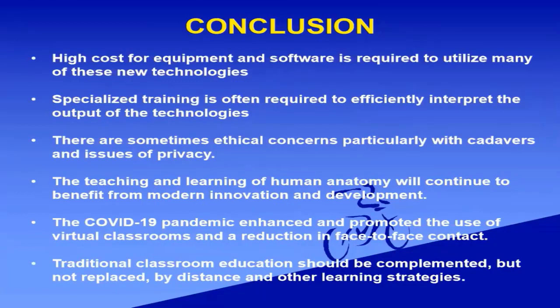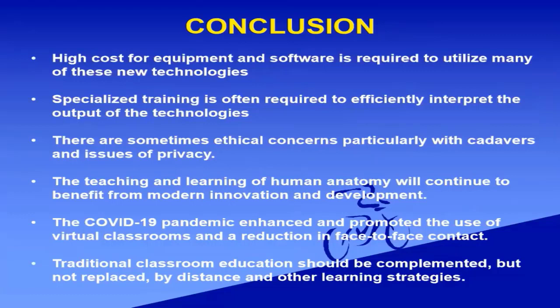The high cost of equipment and software required to utilize many of these new technologies is still a very big disadvantage. Specialized training is often required to efficiently interpret the output of the technologies, which is also another major disadvantage.